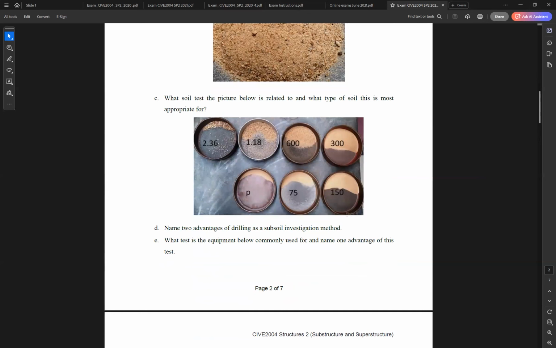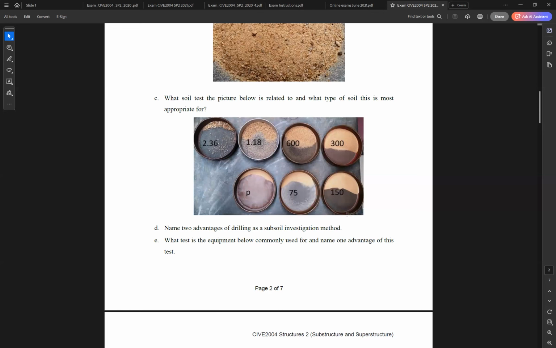Not all of them are answered, but at least one of each part has been answered. Yes, there are three exams provided on the course website now.